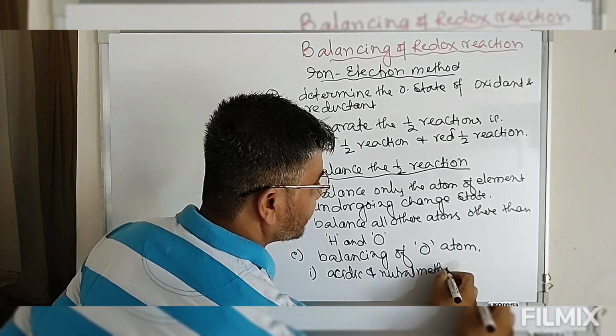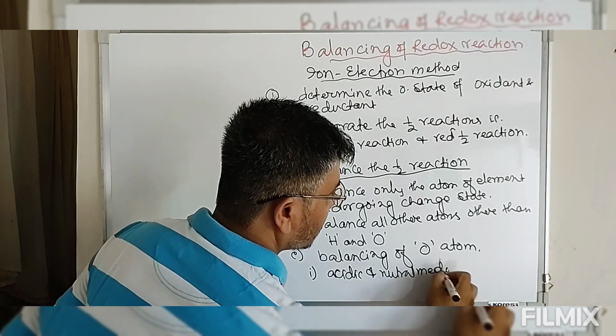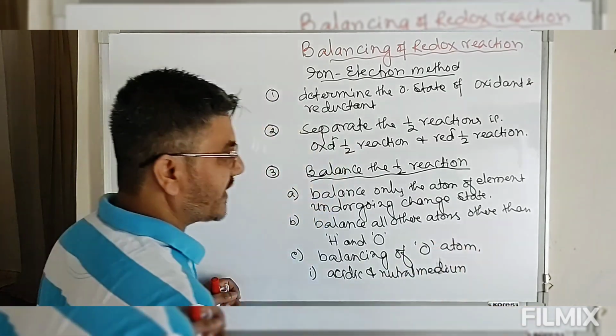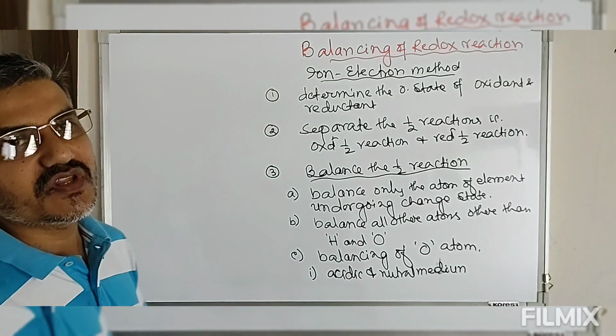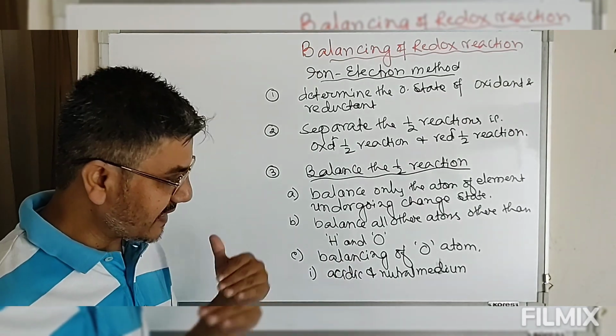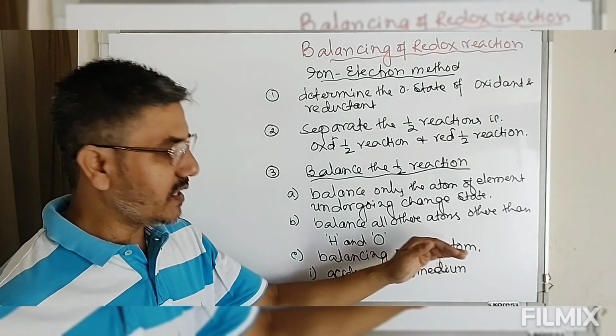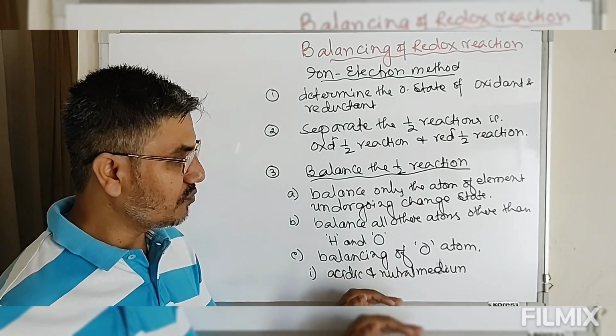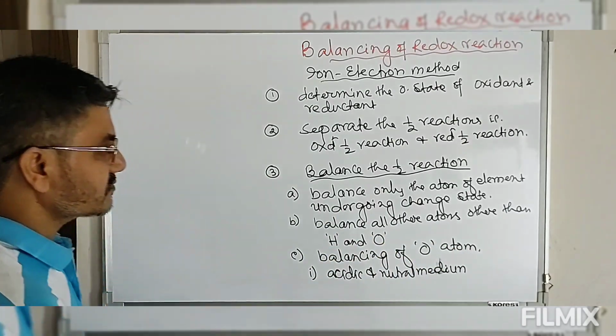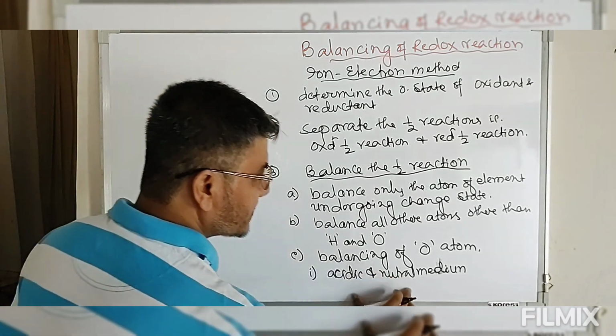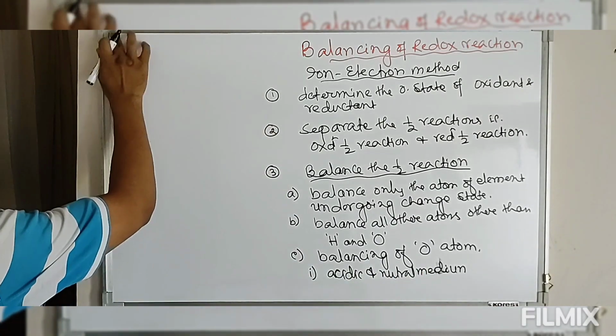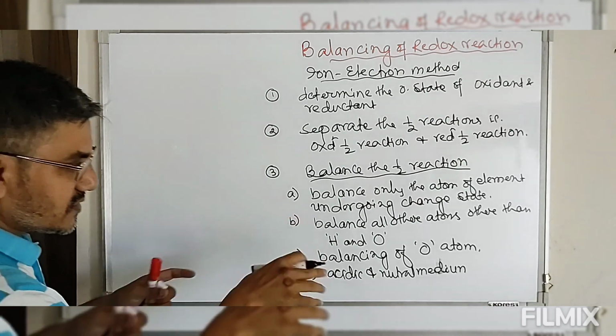That means we have to balance oxygen in acidic or neutral medium. If the reaction is taking place in acidic or neutral medium, then we have to follow this step to balance oxygen.